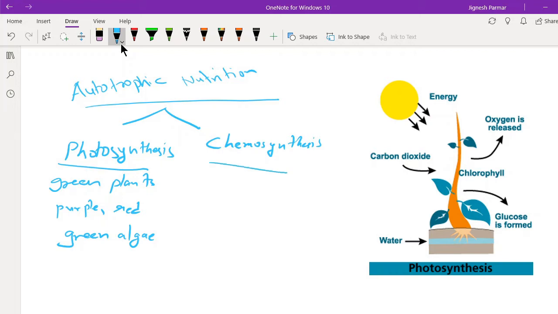Now, in chemosynthesis, with the help of some chemicals, they prepare their food. Who prepares it?